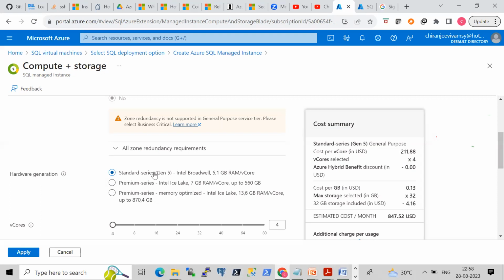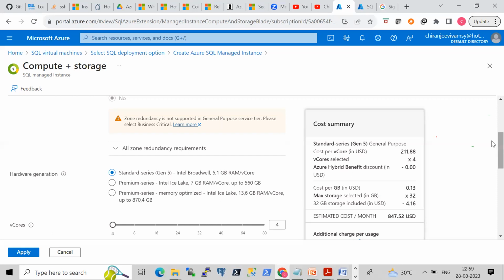In general, people will go with generation 5, which is good enough. And premium series sits in between these two. I don't think many have made use of this option, because these are 2 new series that they introduced 1.5 years back, if I'm not wrong. Previously, we used to have generation 4 and generation 5, but now they have come up with premium series and premium series memory optimized.